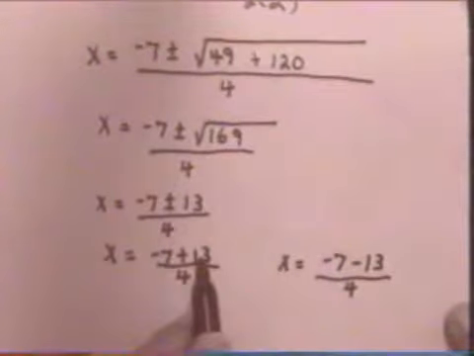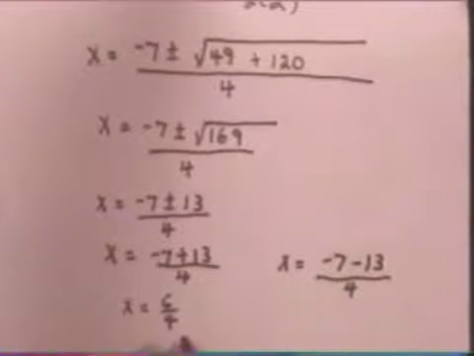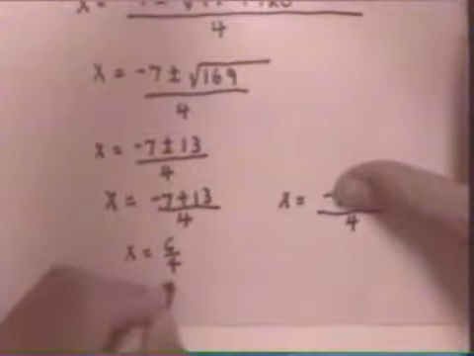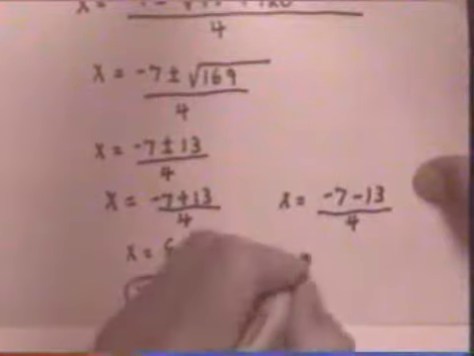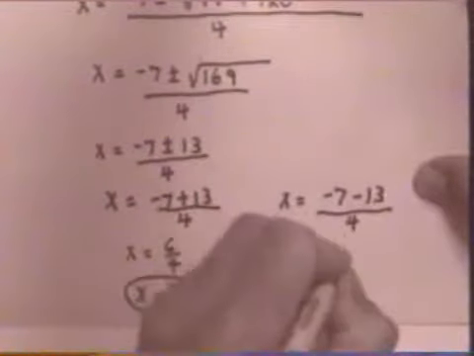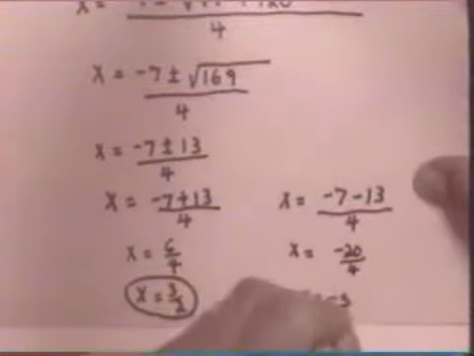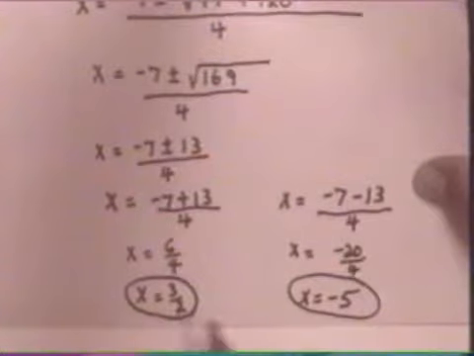Now negative 7 plus 13 is going to be 6, so I get x is 6 over 4, which reduces to 3/2. And here I get x is a negative 7 minus 13 would be a negative 20 over 4, which is negative 5. So my two answers are x is equal to 3/2, x is equal to a negative 5.